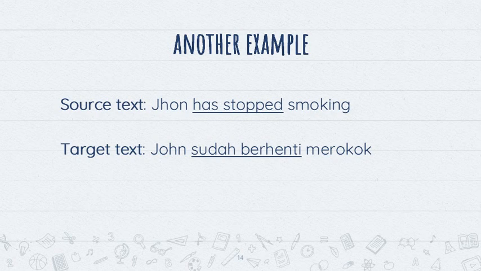The level shift of the source text is clearly the grammar, and the level shift of the target text is lexis. So what does lexis mean? I keep on talking about lexis, and yet what is lexis? So lexis simply refers to a word that has a certain meaning.